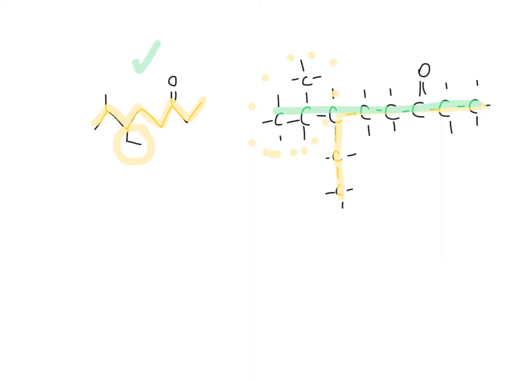So our longest continuous carbon chain is 8. So that's octane. So octane, and the carbonyl group is on carbon number 3. So this is octan-3-one. So that leaves us with our side groups.